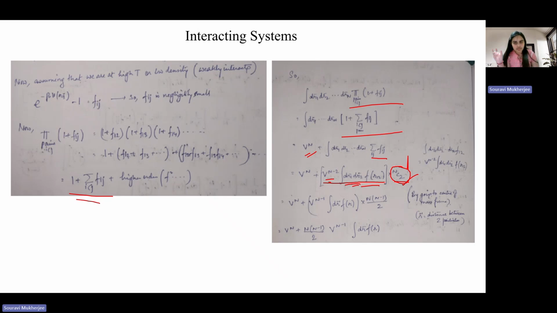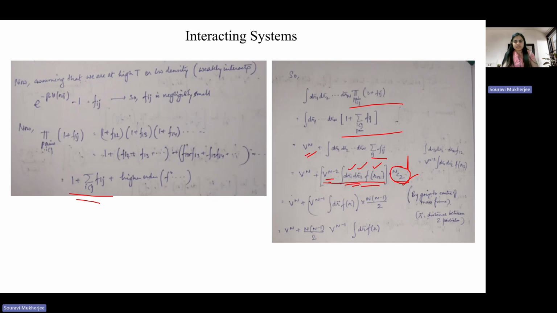For each such pair, there are two positions involved and the potential given as f of rij, right? Now for these two particles, you can go to a center of mass frame where you keep one particle constant and then look at the distance of the other particle from that one particle, right?